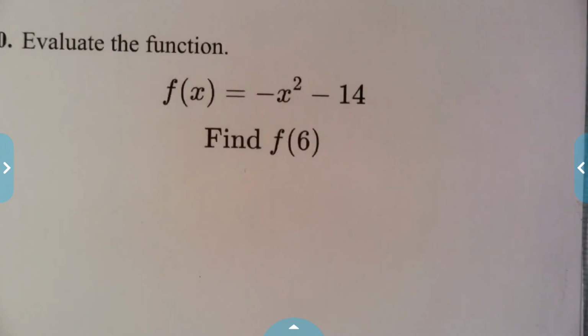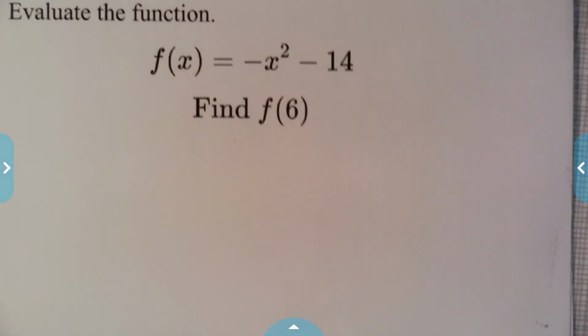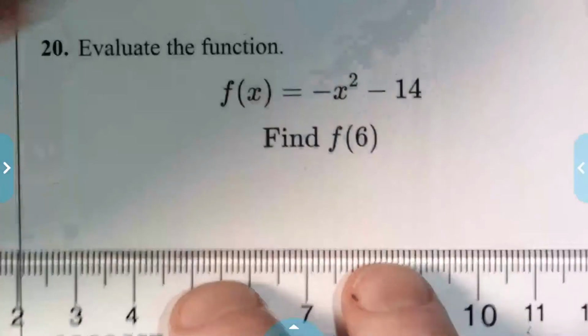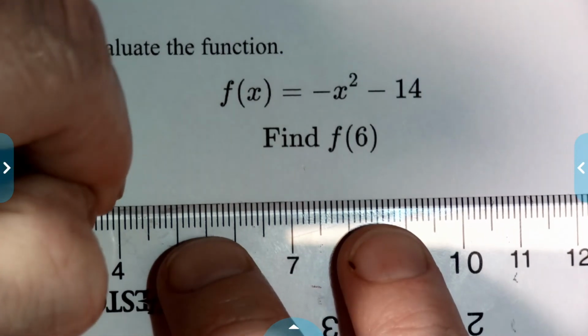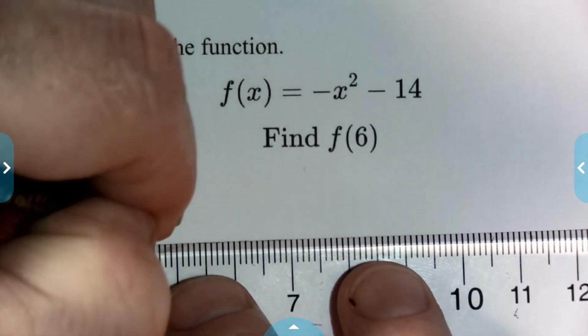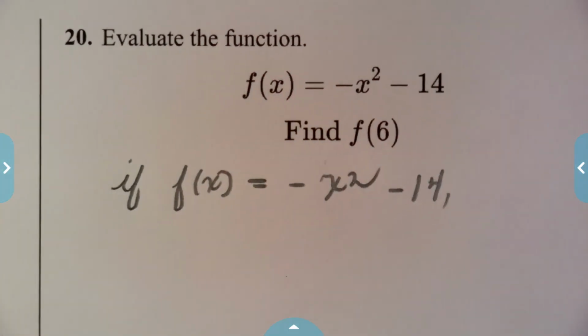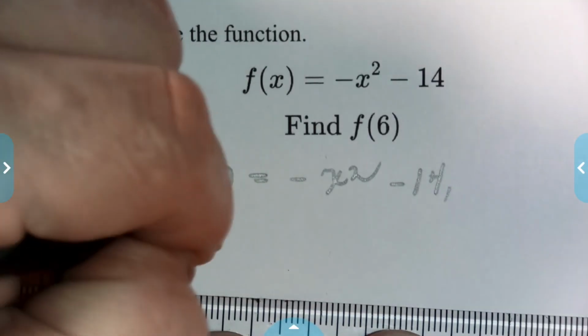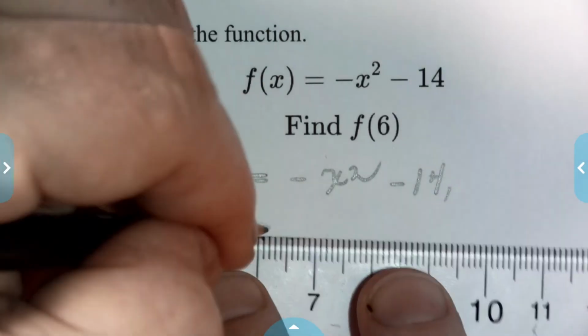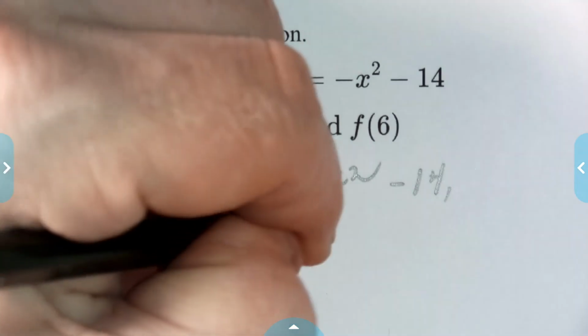And finally, we're given another quadratic. Negative x squared minus 14, find f of 6. All right, so we say if f of x equals negative x squared minus 14, then f of 6 equals negative, open parentheses, 6, close parentheses, squared, minus 14.